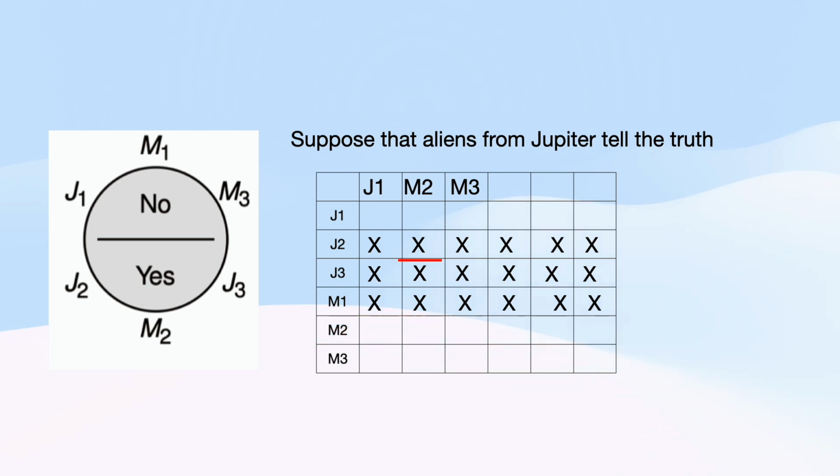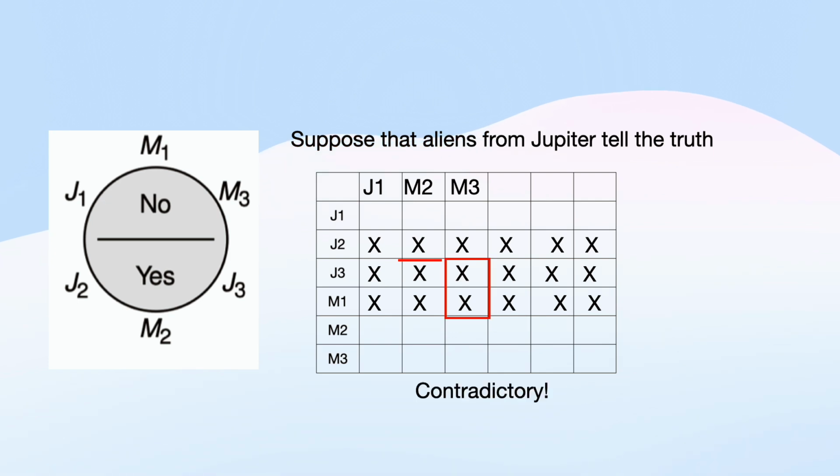And we have established that neither of them has the key. But M3 says no, but since he's lying, that actually means yes, meaning either M1 or J3 has the key. But this contradicts what the other aliens said.